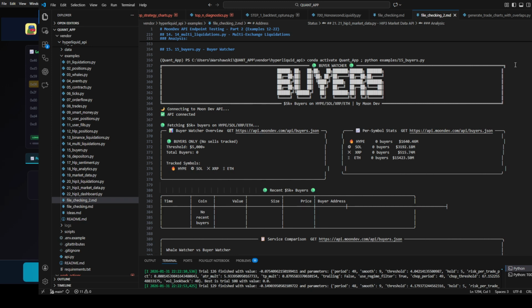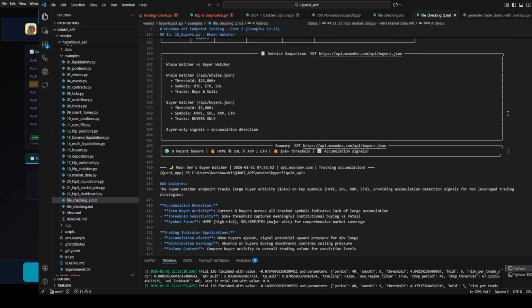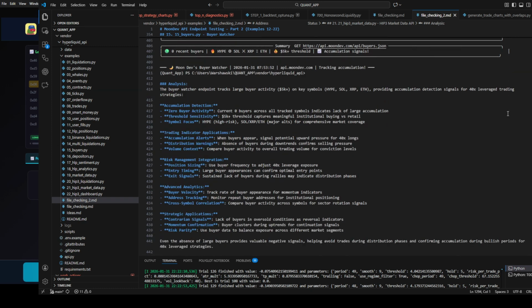Let's go to the buyers. So this is the output you'll get. The buyer watcher endpoint tracks large buyer activity, over 5k on key symbols, providing accumulation detection signals for 40x leverage trading strategies. So accumulation detection: zero buyer activity, current buyers, nothing.